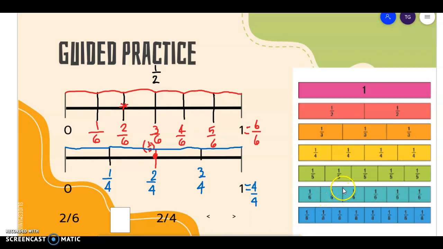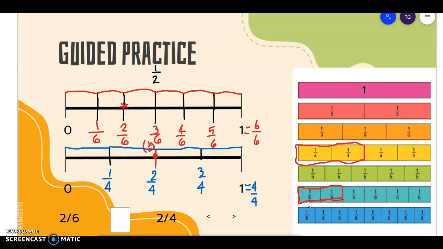So we'll highlight 2/6 here. And then we will highlight 2/4 here. And again, you can see that the area for 2/4 is greater than 2/6. 2/4 is closer to 1/2 than 2/6.